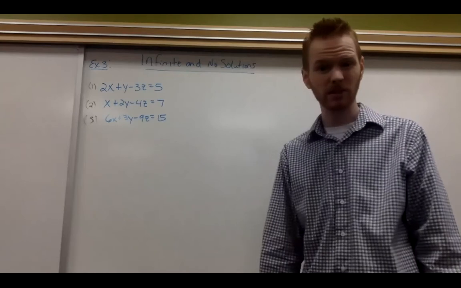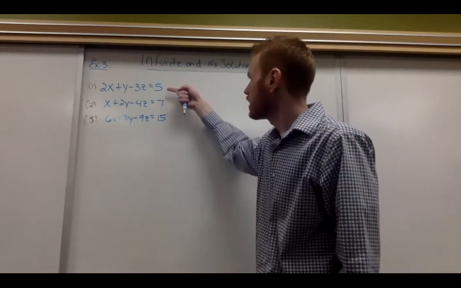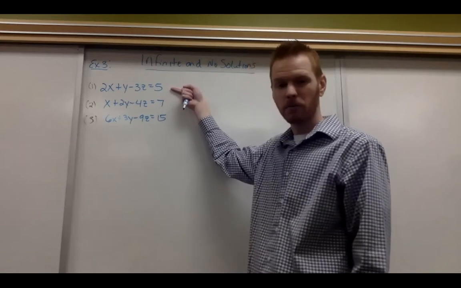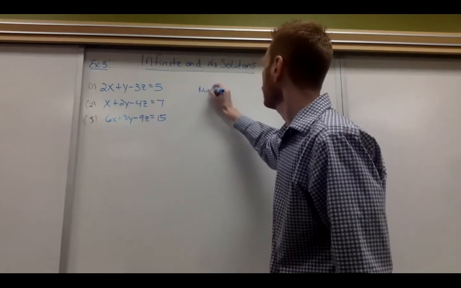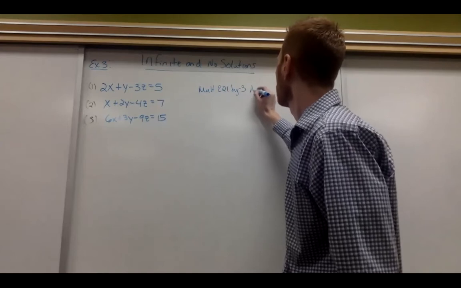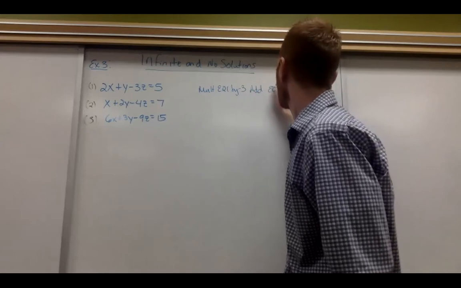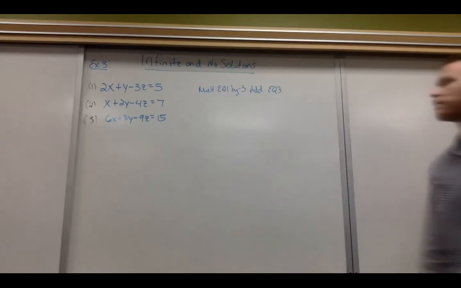What about x? Let's get rid of x. I'm going to take the first equation, multiply it by -3, and add it to the third equation, and the x's cancel. I'm adding a little note so I know what I did.